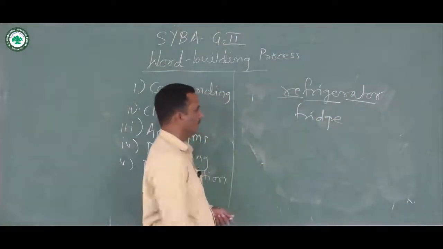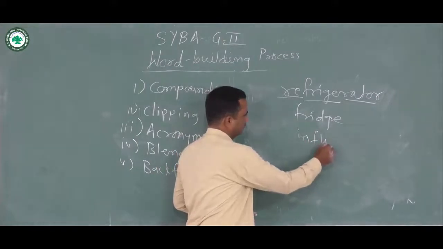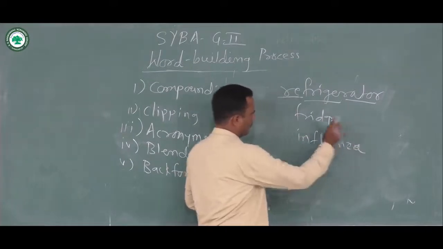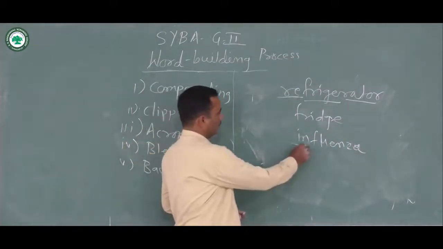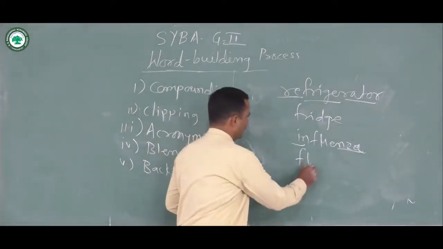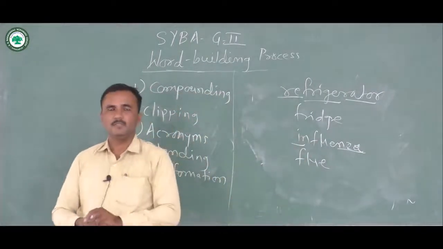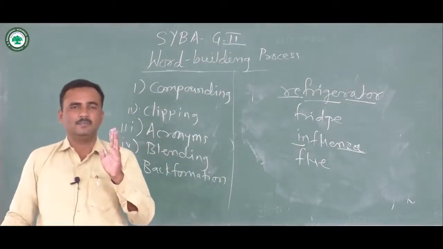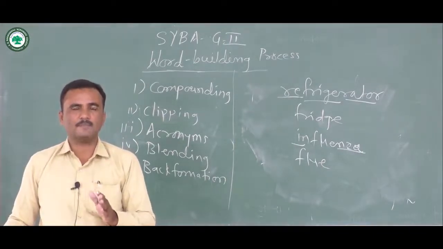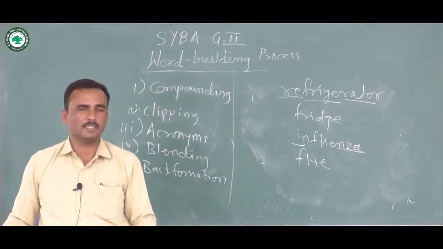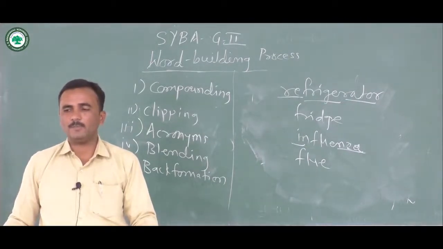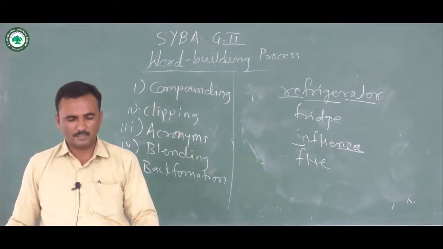In a word like influenza, the first part and the end part will be clipped and only the middle part, that is flu, will be retained. So clipping can take place at the first part of the word and the second part can be retained. Sometimes the second part of the word is clipped and the first part is retained; sometimes the first part and end part of the word are clipped and the middle part is retained.